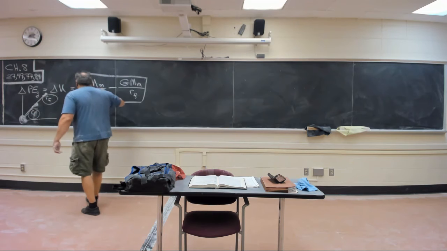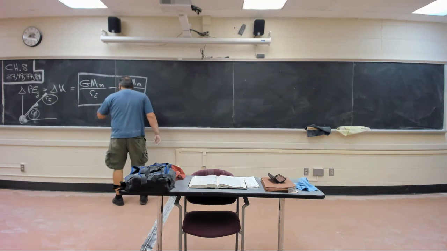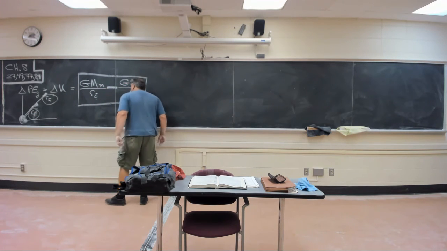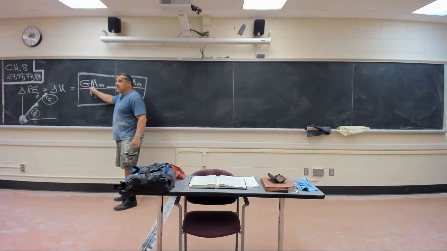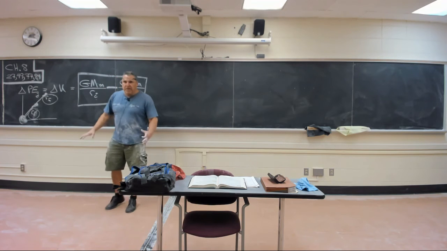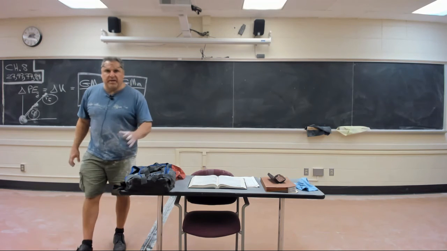Can I ask you a couple questions before we actually derive what I just did right here? G is a constant. M is the mass of the black hole, or the mass of the white dwarf, or the mass of the sun, or the mass of the Earth, whatever it may happen to be. Big M is any of those that I just said.